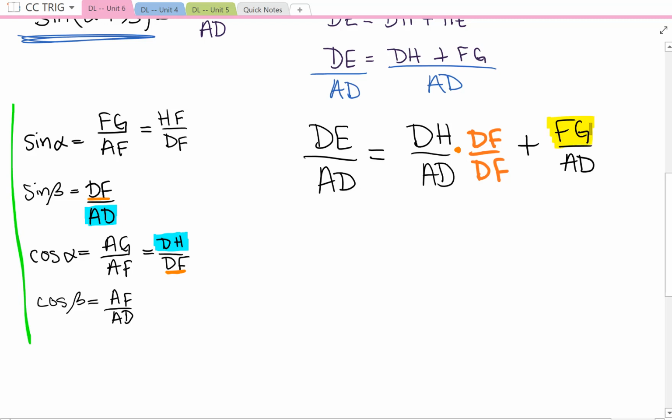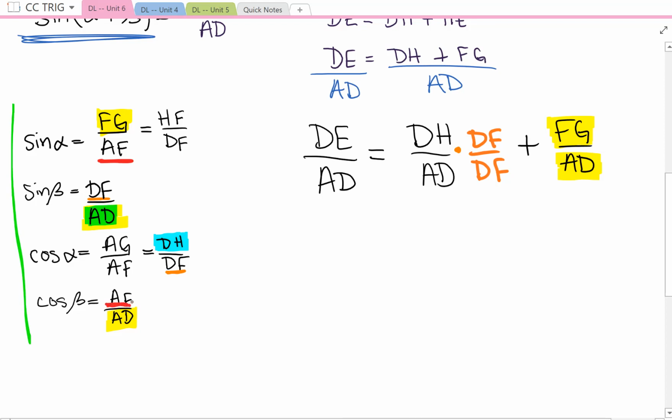Now we'll take a look at the next ratio. FG is in the numerator. Are there any ratios that have FG in the numerator? I see sine alpha. And its denominator is AF. Is there any place that has AD in the denominator? We have sine beta, and we have cosine beta.